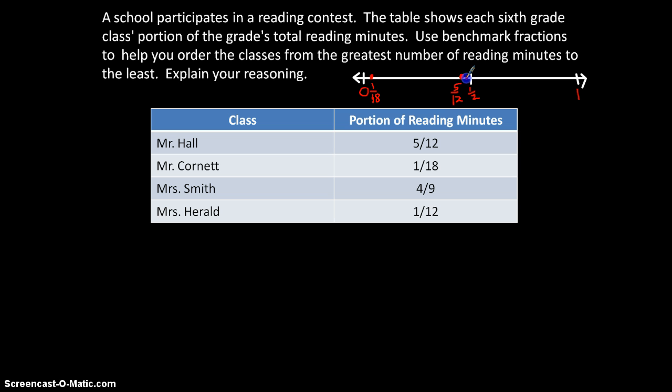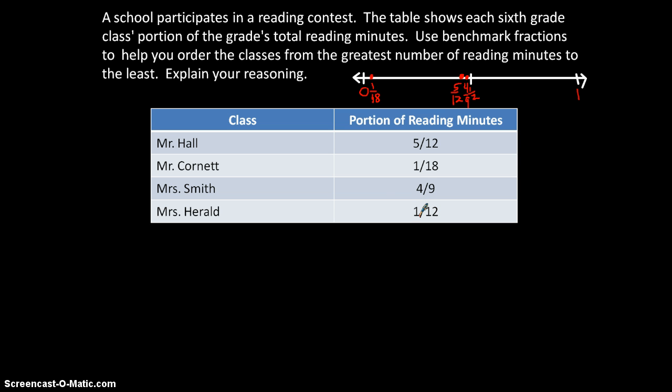The reason I'm putting it closer to half than 5/12 is that 9 parts is a fewer number of possible parts than 12. If I have 4 of those parts, then I really have a little bit more, closer to half, than 5/12 would be. So I'm going to put 4/9 right here.